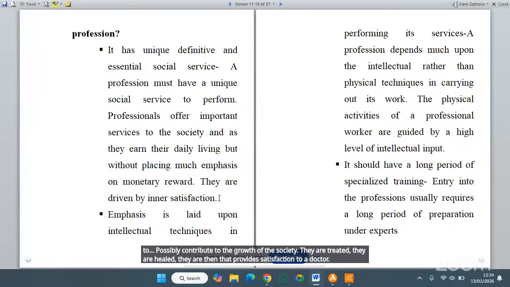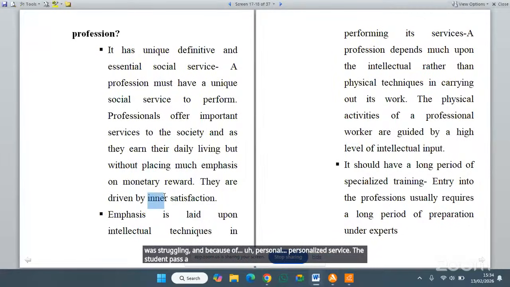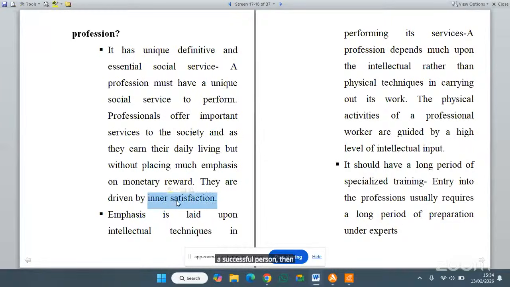You are a teacher and you educate a student who was struggling, and because of personalized service, the student improves in grades, changes behavior, becomes a successful student, a successful person. Then that gives you, as a teacher, inner satisfaction, not the monetary gains.